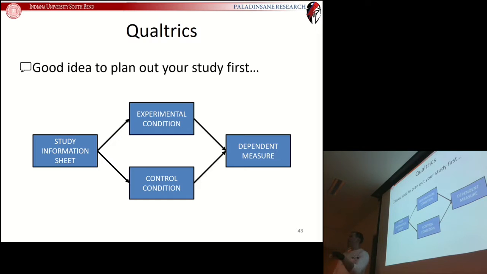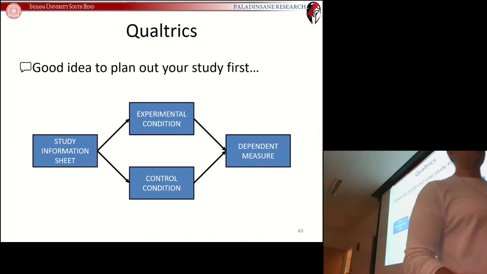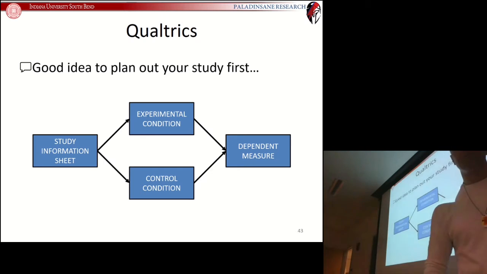Me and Erica will click on that link. We'll go through your project and see if everything is up to standards. And then that is going to be the link that you're going to submit to the SONA system or through other recruitment means. So again, it's a very powerful way to get this online study up and running and ready to go.